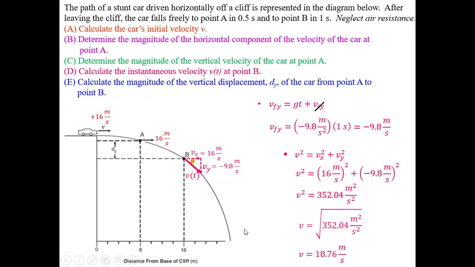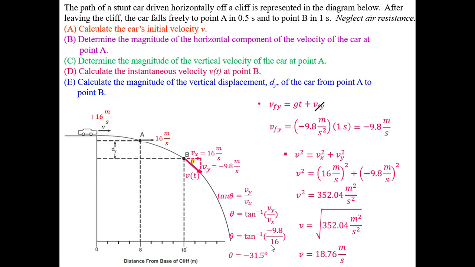Okay. So to find theta, all we have to do is set up tangent of theta is equal to Vy over Vx because tangent is opposite over adjacent. And opposite in this case would be Vy. My adjacent is Vx. And to find theta, we just do inverse tan. Vy and Vx we already calculated, right? Vy at 1 second is negative 9.8. Vx at any time is 16 because it doesn't change.